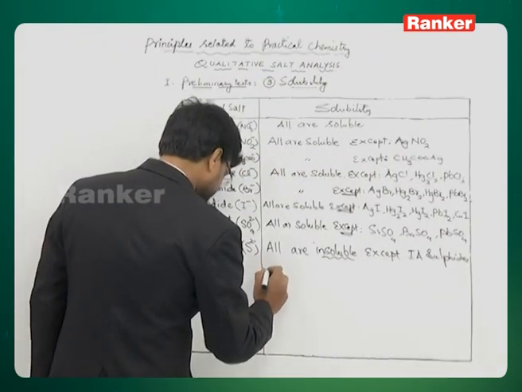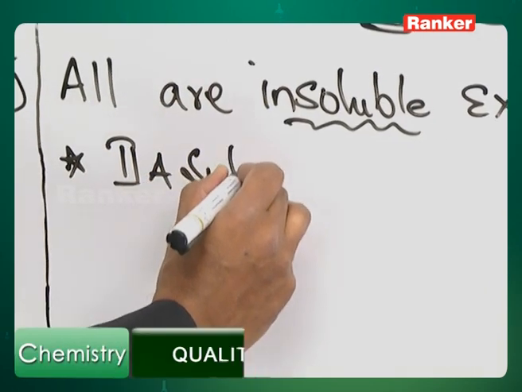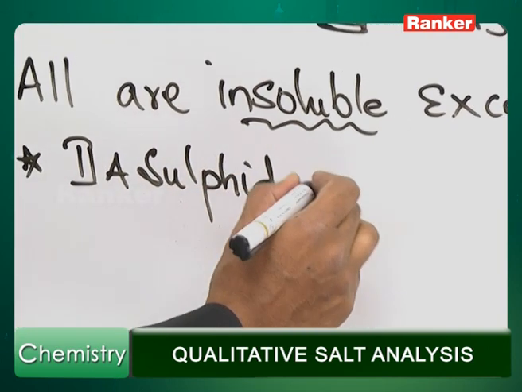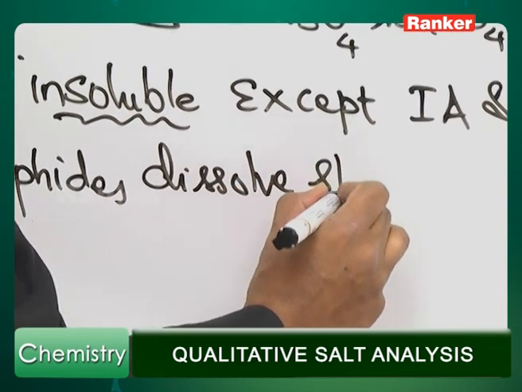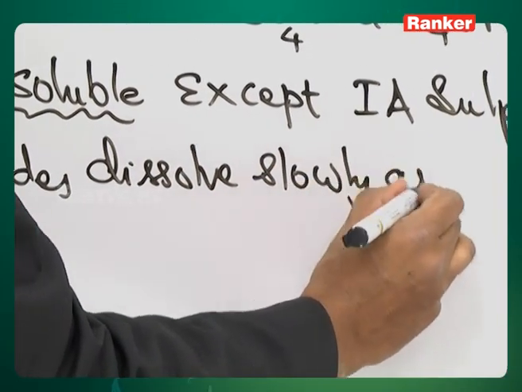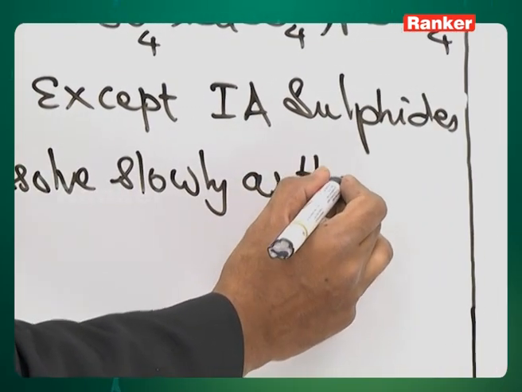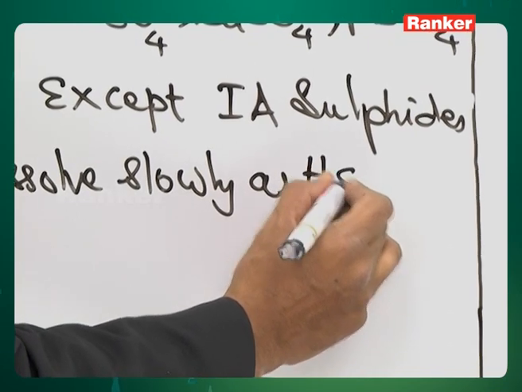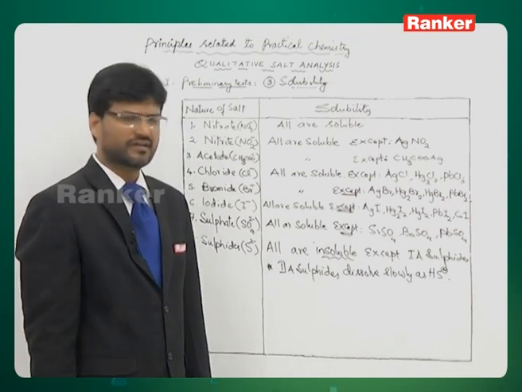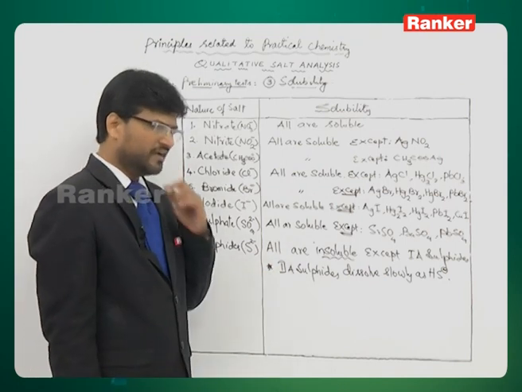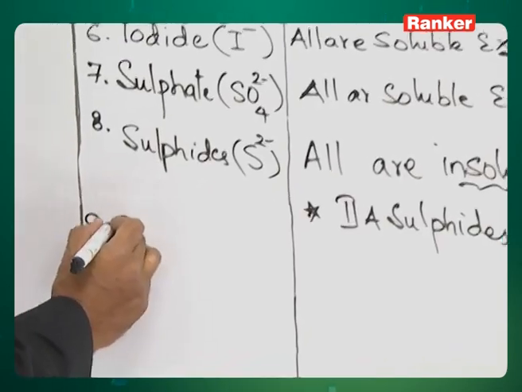And also remember 2A sulfides dissolve slowly as hydrogen sulfides. They undergo hydrolysis and transform into hydrogen sulfides and slowly dissolve. So, excepting 1A and 2A sulfides, all other sulfides are insoluble in water.